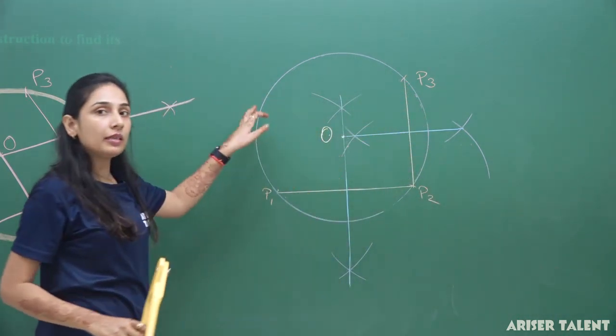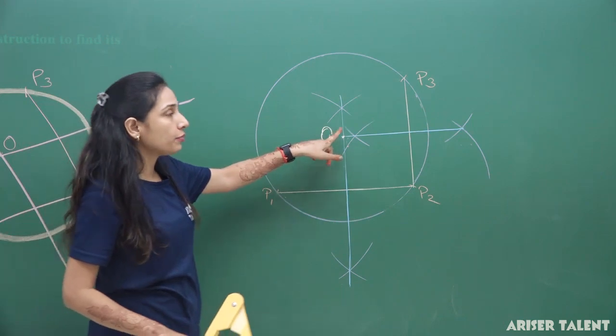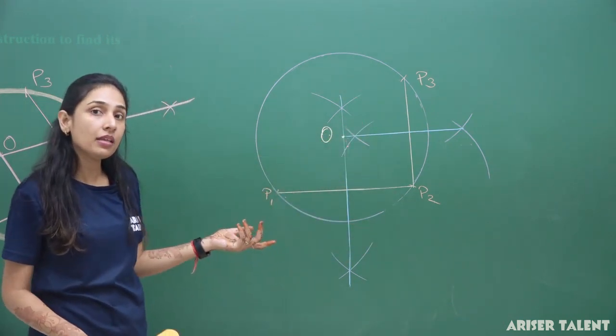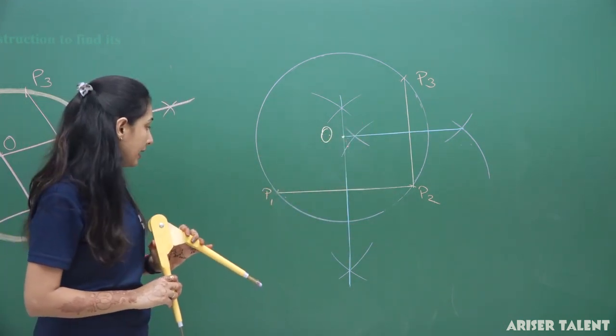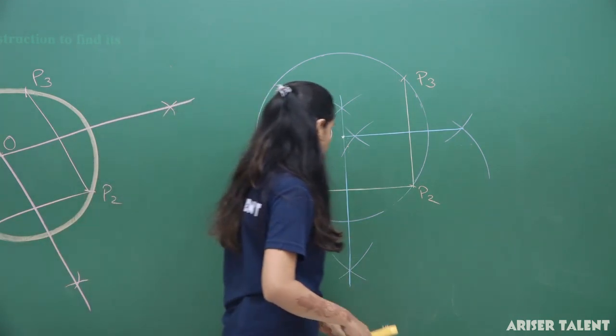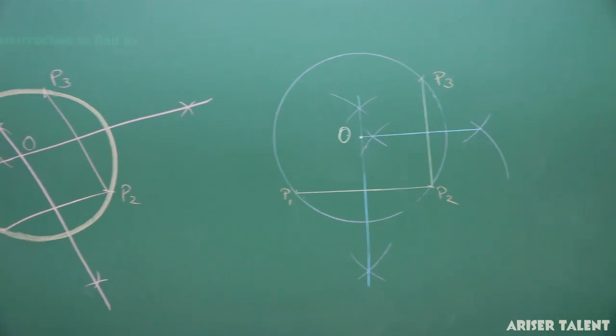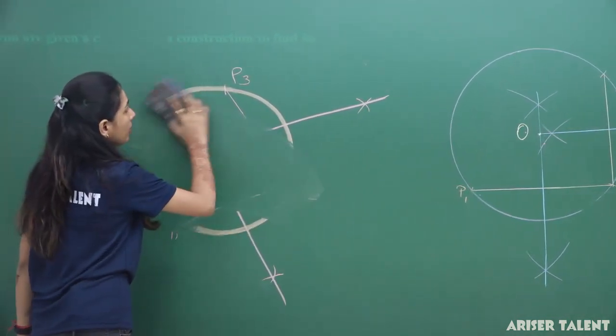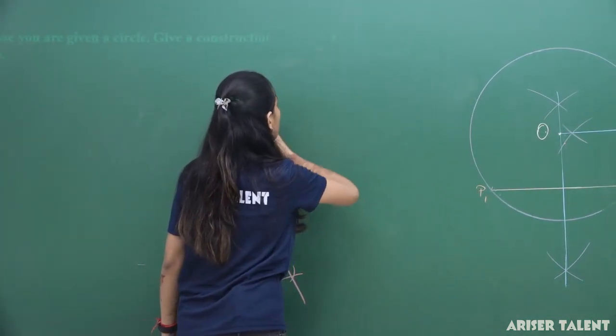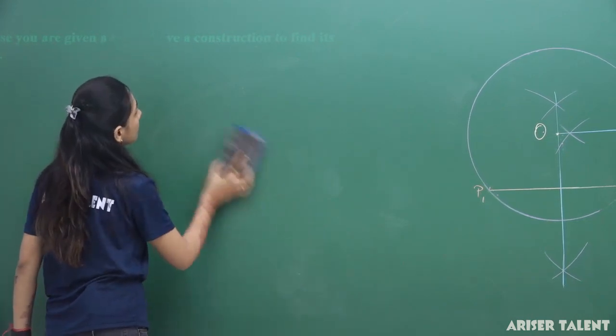That means this is the same circle. If we draw from this point, the circle is the same, that means this is the actual center. Okay, so this is how you will draw it. Or you can just copy the steps. I have written the steps of this construction for you guys.